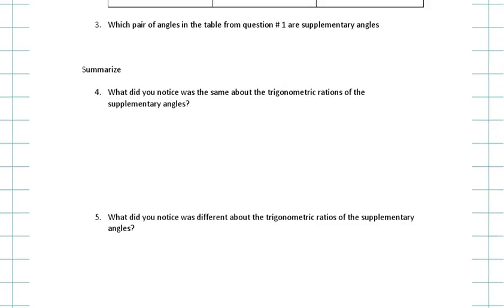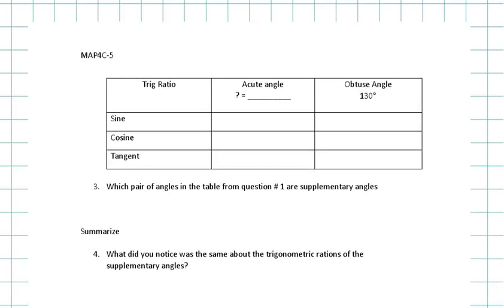So if your obtuse angle is 130, what would be your acute angle? 50. Okay? So which one do you want to find first? Sine of 50 or sine of 130? 50.